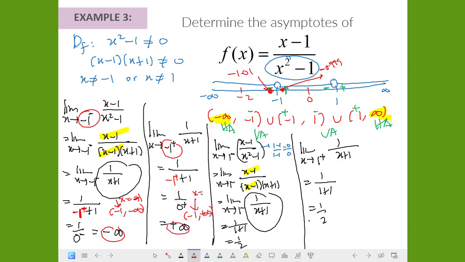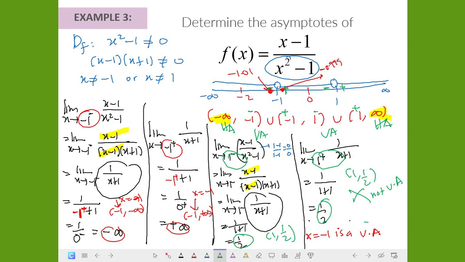You can conclude that x equals negative 1 is a vertical asymptote. And for x equals 1, y is 1 over 2. This is a point, not an asymptote. This is not a vertical asymptote. Only x equals negative 1 is a vertical asymptote.